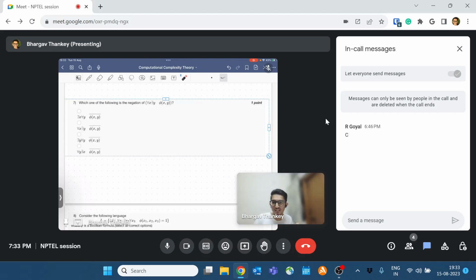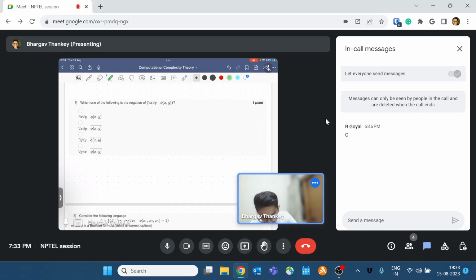Which of these is correct? It's C. Just a minute, not C. But then there exists, and then for all y, it is A. Yeah, it's A. So what you do is basically flip all the quantifiers and take the negation of every formula. Yes.